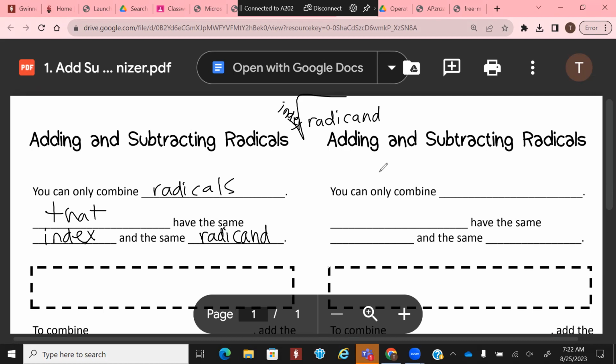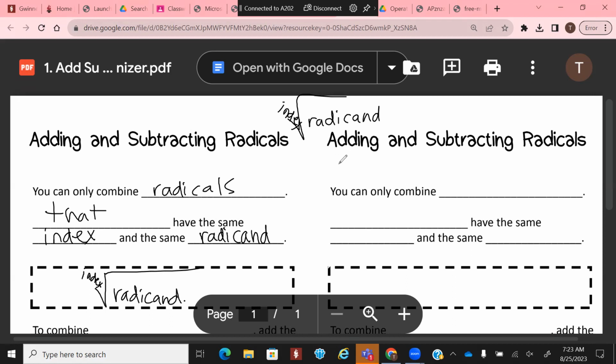So for instance, you can put this little index and radicand thing in here. The radicand is the one that's underneath the radical. It has to have the same, I call it a base. And then the index is the little number in the cubbyhole.